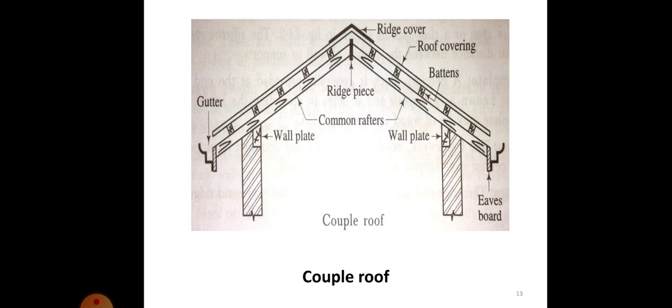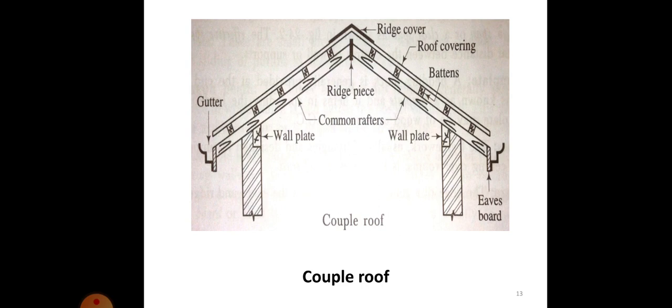This type of roof is mainly used for a span up to 3.6 meters, and here you can see it slopes in two directions. It is not much favored because the rafters extend on both sides, and the main problem is that when the span increases, these common rafters have a tendency to separate or go apart.